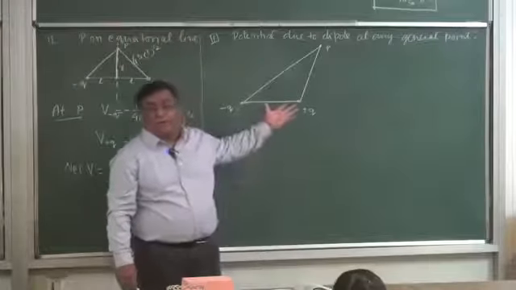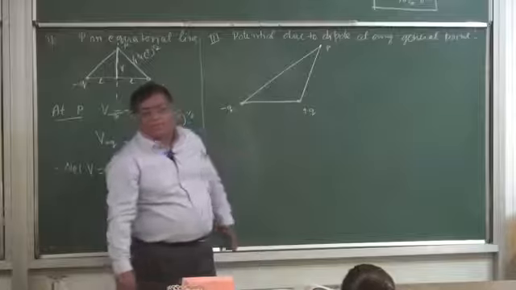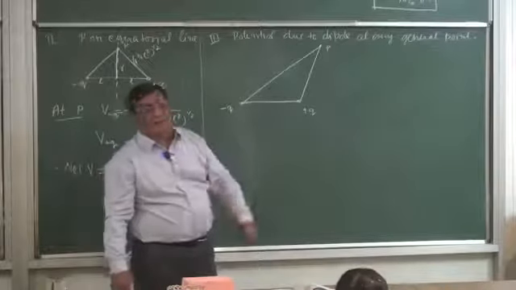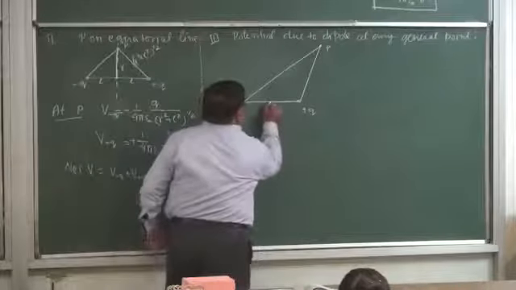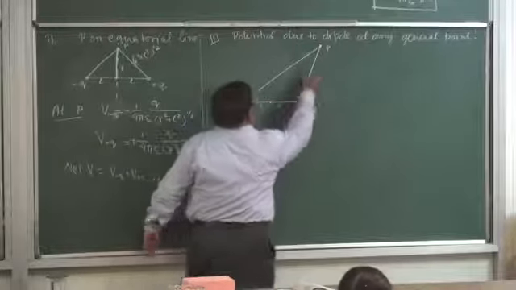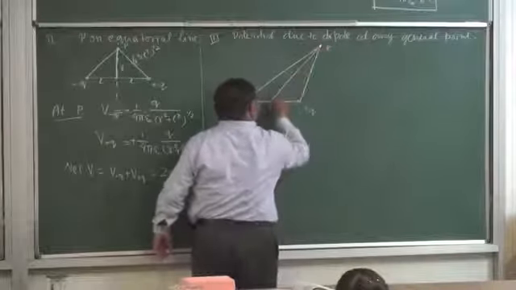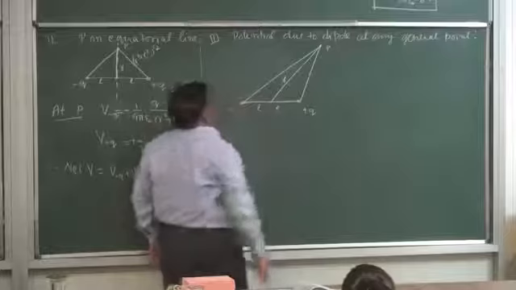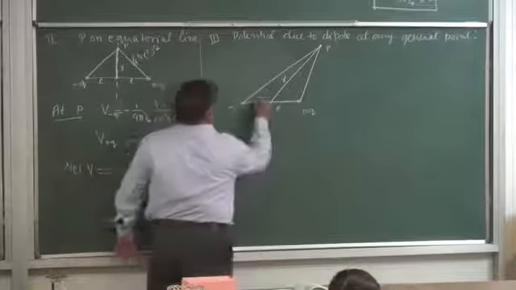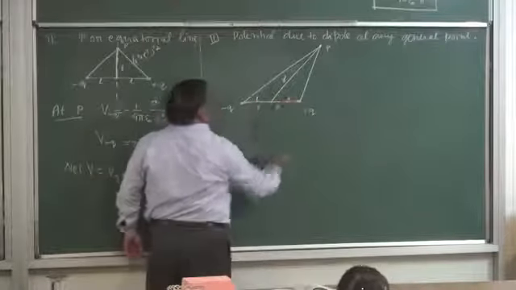Where is the R? Answer is the distance is always measured from the center of the dipole. So here is the center, and this is R. This is L, this is L.